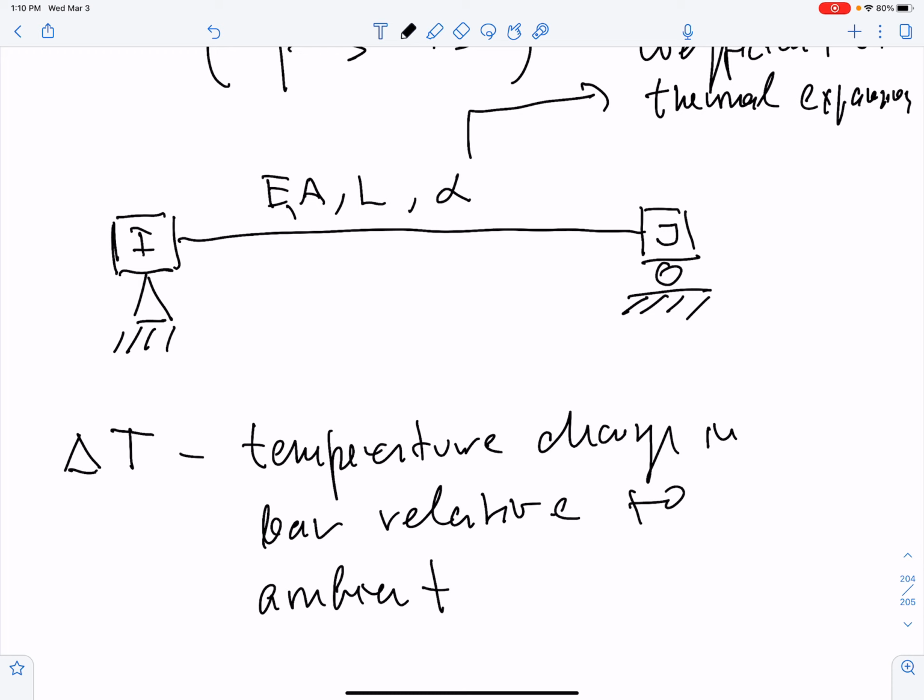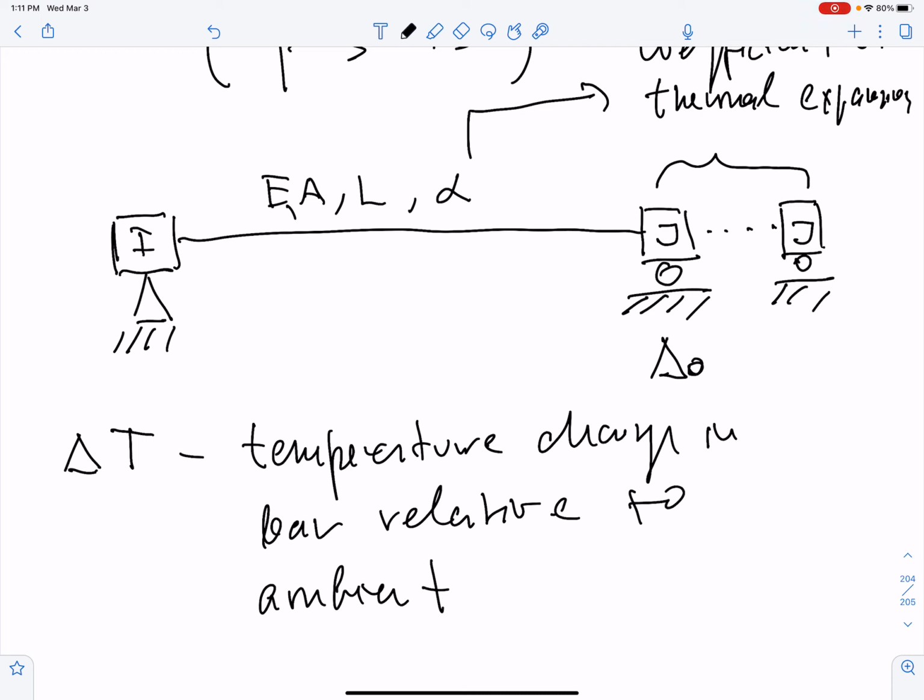In our case, this is a one-dimensional object, so it will elongate, okay? So node J will move to some new location here, right? Because it can roll back and forth. Okay, and so this guy becomes, let's call it delta 0, okay?